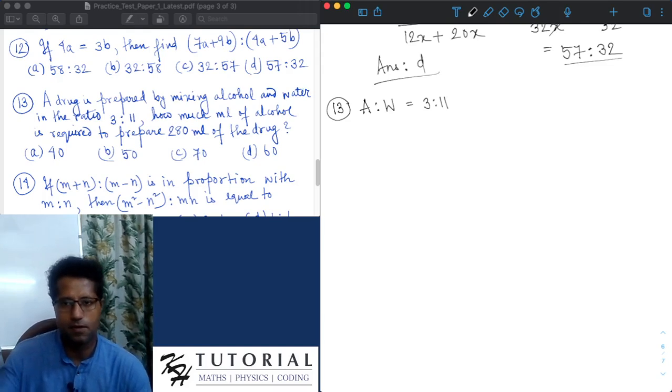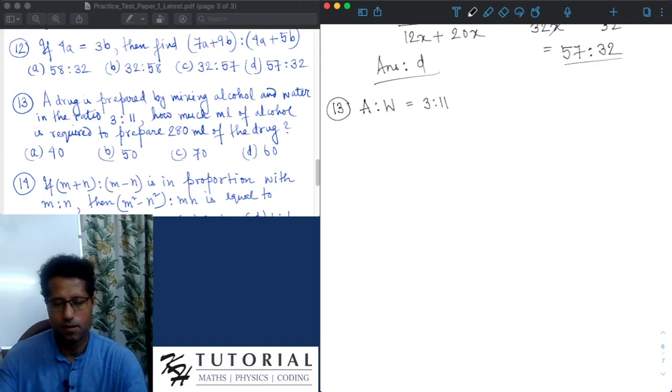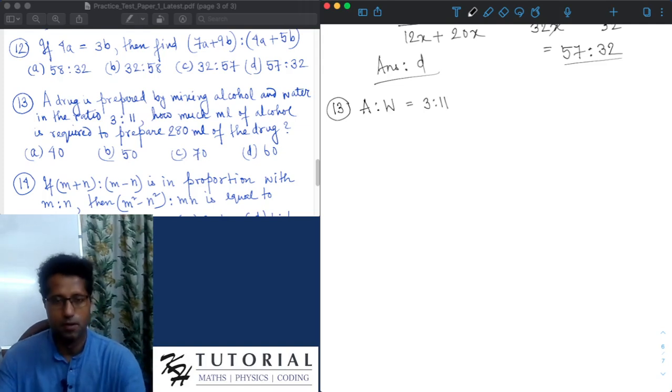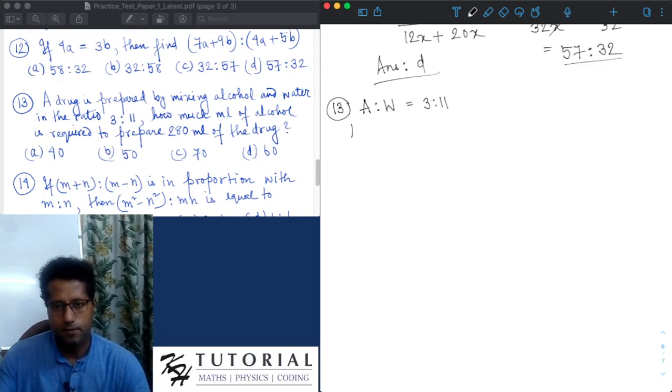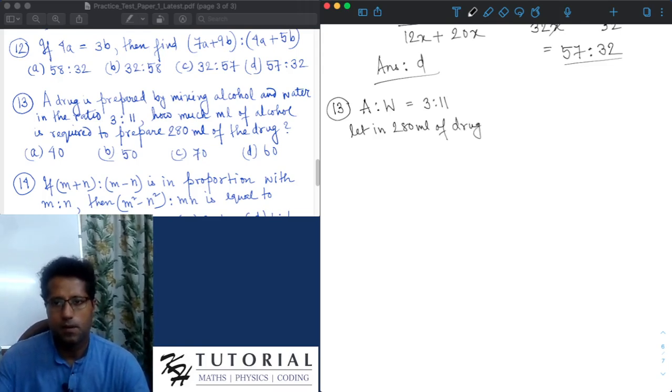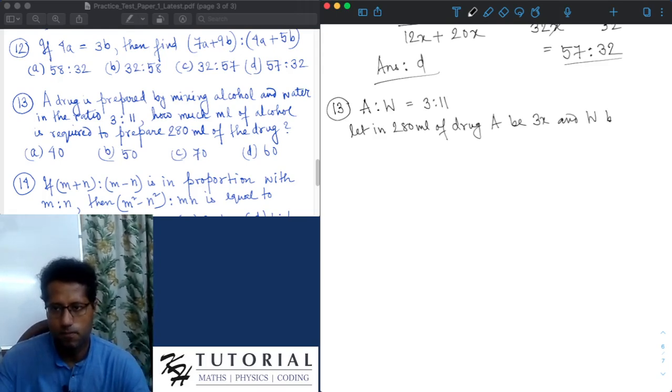Now we can always assume, just as we did for solving many problems earlier, that in 280 ml of drug, alcohol, that is AB, be 3x and water, that is WB, be 11x.